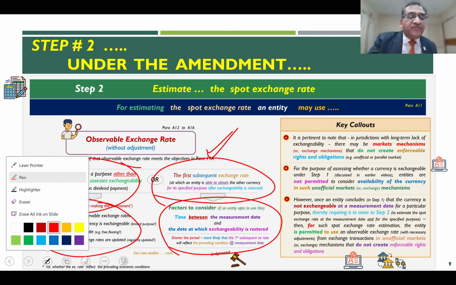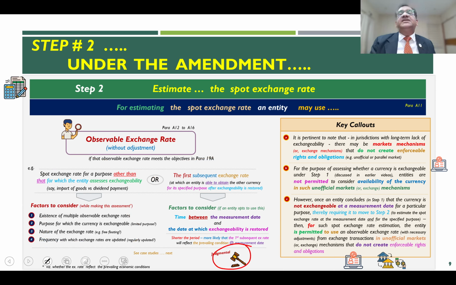But if you are applying judgment, you have to have detailed disclosure requirements accompanying this amendment, because whatever judgment you have applied in estimating the spot exchange rate needs to be properly disclosed in the notes to the accounts. That is what we will look at in the next video: what additional disclosure requirements are mandated under the standard if an entity is estimating the spot exchange rate by deploying either of these two methodologies. In fact, there is one more. That is what we will see.